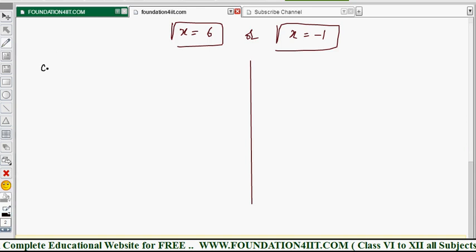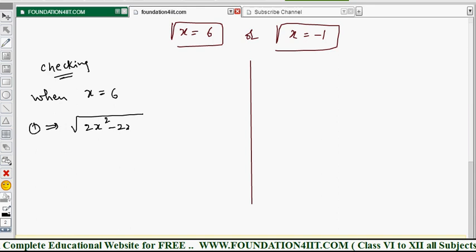When the problem is like this, checking is a must. So when x is equal to 6, from equation 1 we substitute the values into the given question: square root of 2x square minus 2x plus 21 is equal to 2x minus 3.